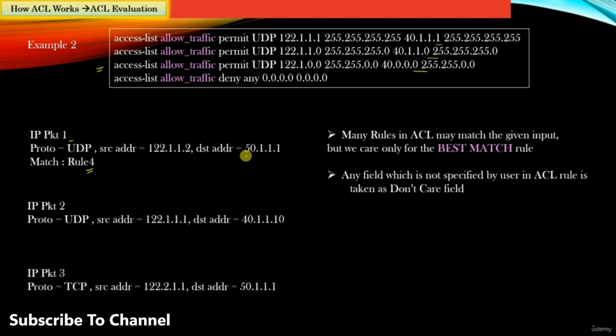The reason is that this destination IP address does not match with ACL 1, ACL 2 and ACL 3, and hence ACL 4 is the most generic ACL, which in fact would match with any set of parameters of the packet. So IP packet 1 will match with rule number 4, IP packet 2 will match with rule number 2, and IP packet 3 will match with rule number 4 again.